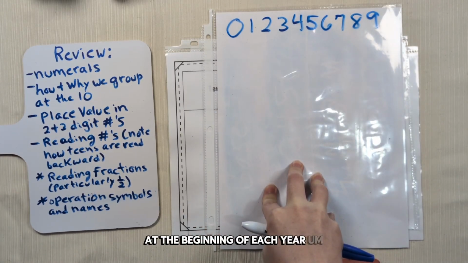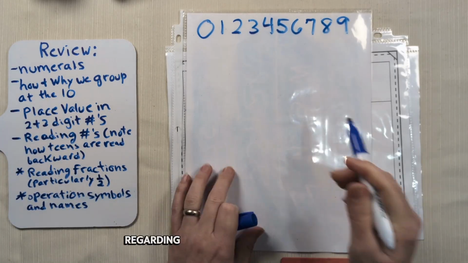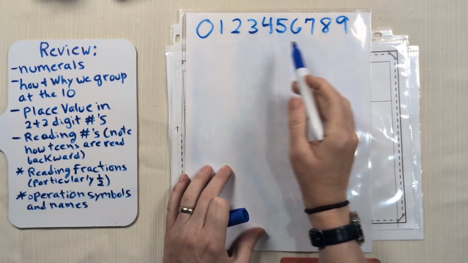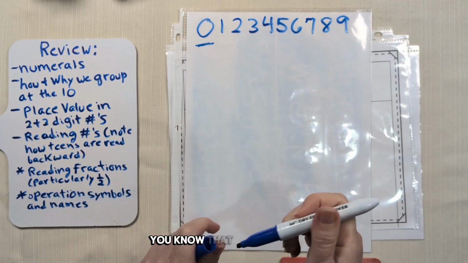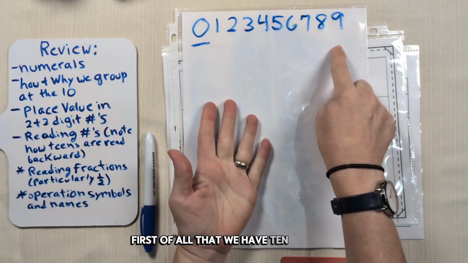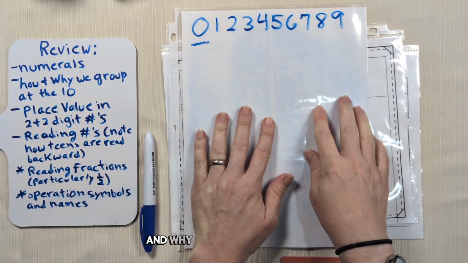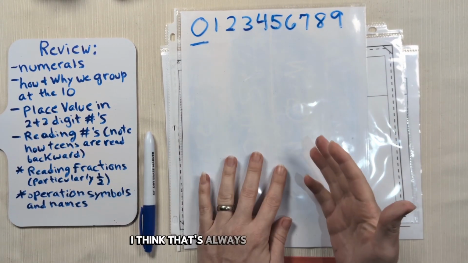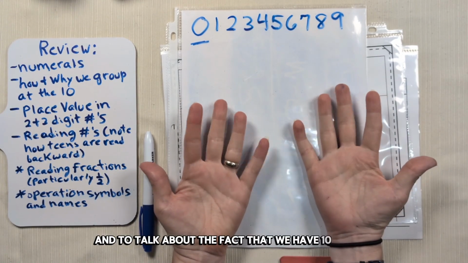In terms of some tips I have regarding going over symbols, one thing I'd really emphasize is that when we count, first of all, we have 10 symbols, we have 10 numerals, right? And why do we have 10 numerals? I think that's always a fun discussion to have with kids, and to talk about the fact that we have 10 fingers.